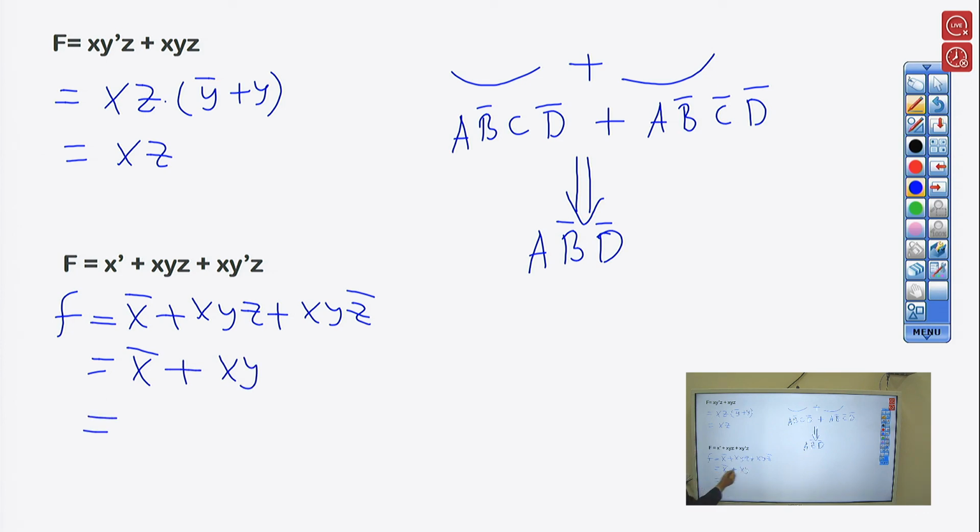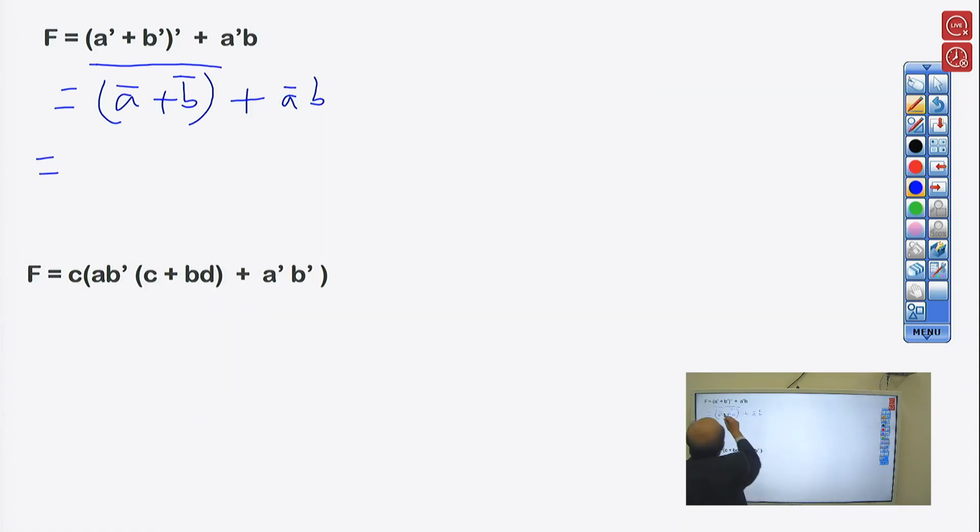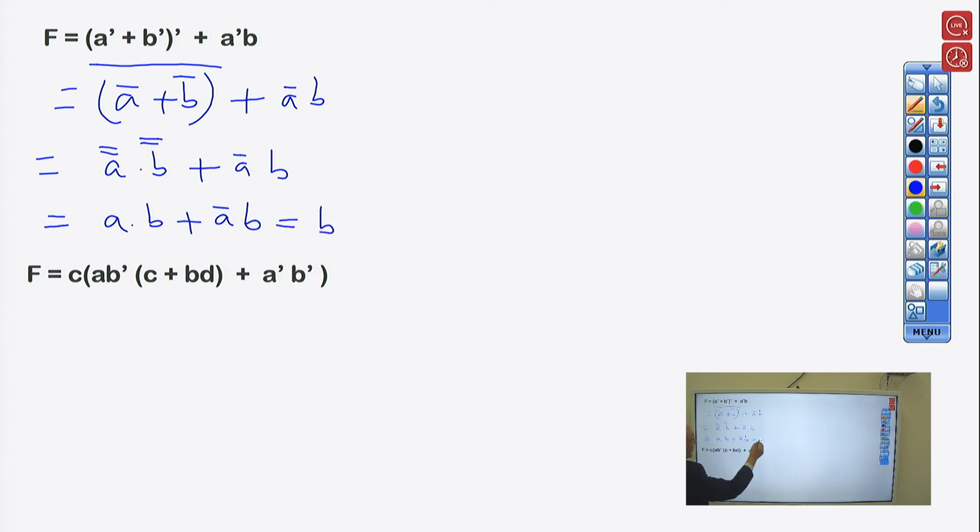And we already know not X or XY equals not X or Y. For example, if we have this one, not A or not B or not, or not A, B. Using De Morgan's law, this equals not A twice and not B twice, or not A, B, which equals A and B, or not A, B, and again this equals B.